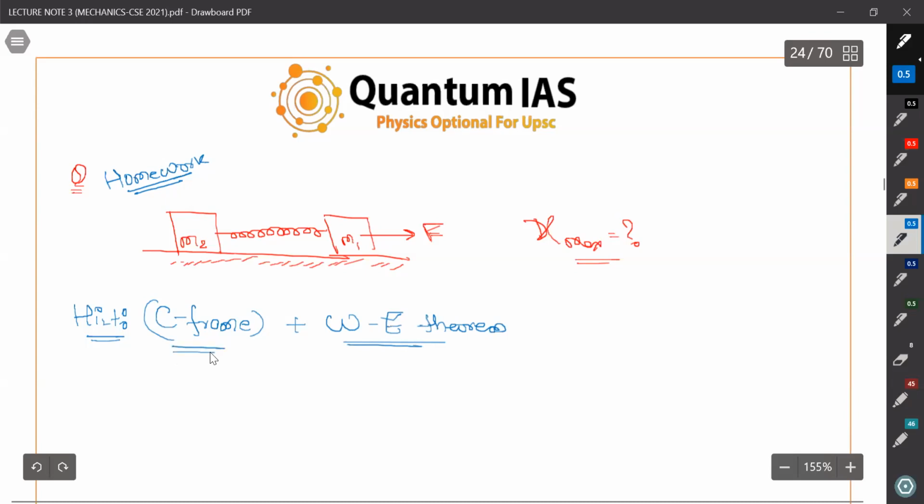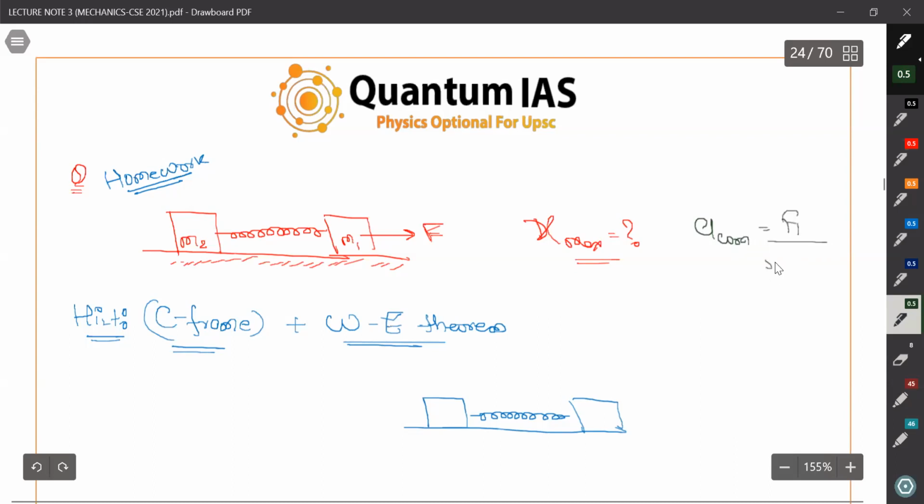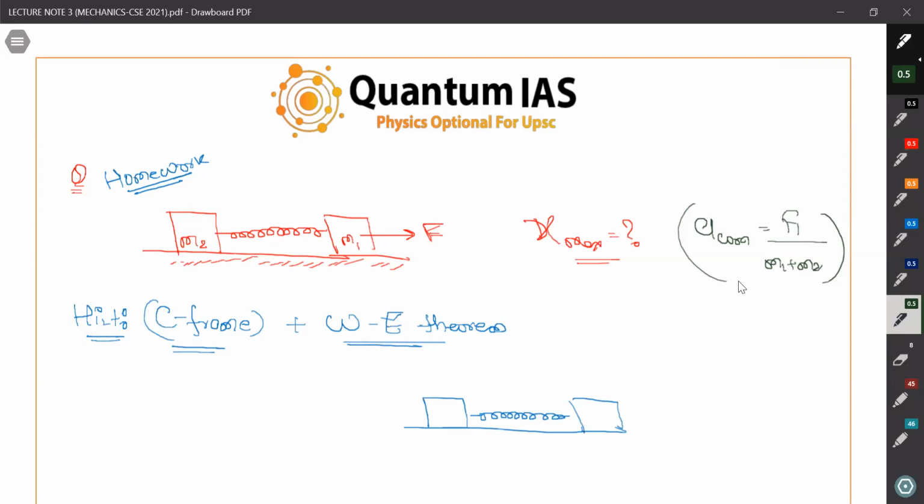You will come to know, when you watch this from the center of mass, that you have to apply some pseudo force on it, because here the acceleration of center of mass is what? F upon m1 plus m2, right? We will discuss this when we discuss pseudo forces in coming chapters.